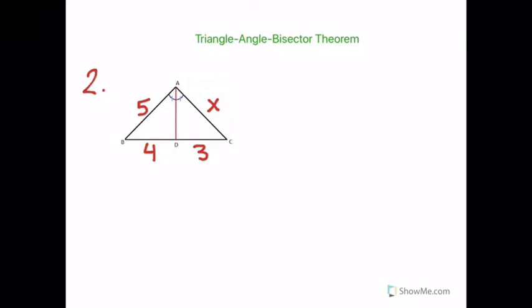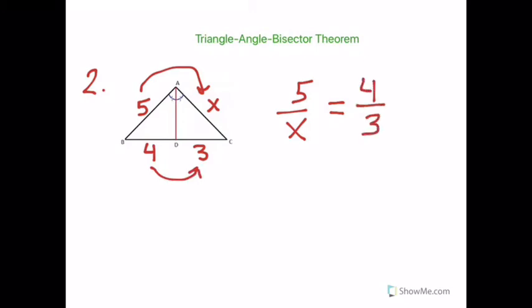All right, number 2. You can see my triangle labeled a little differently. So when we set up our proportion, using the same pattern as before, it should be 5 over x equals 4 over 3.